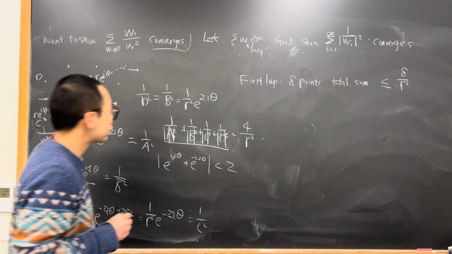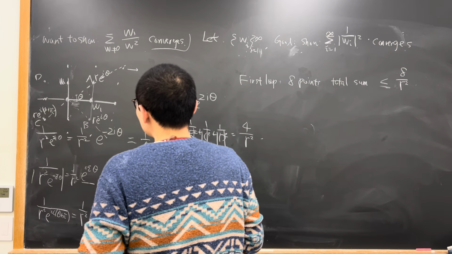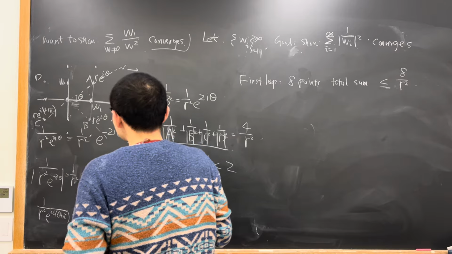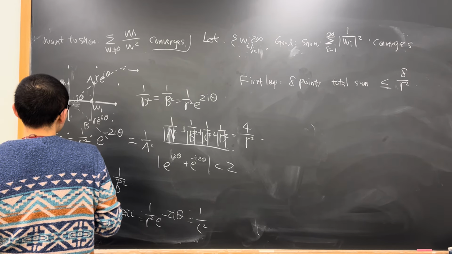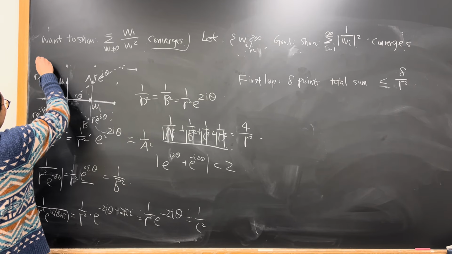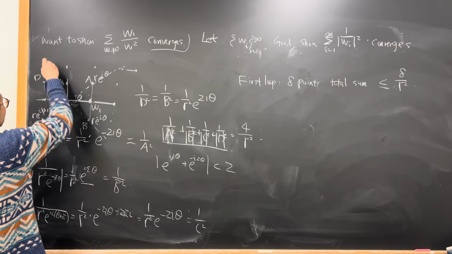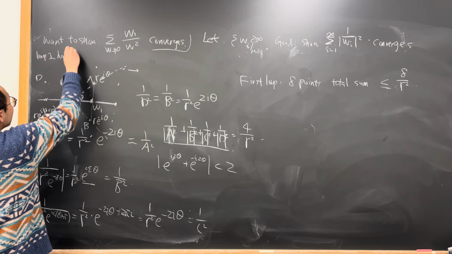Yeah, 4 times 3 minus 4. Where 3 is, what? Loop 1 has length 2. Okay.